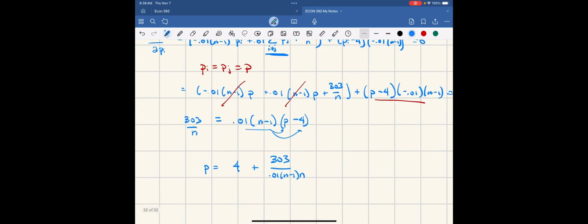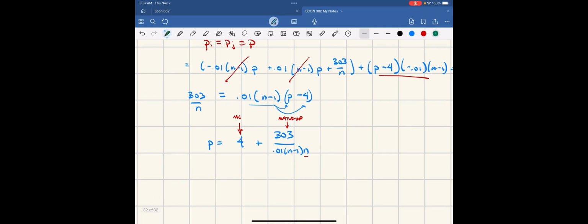So this is our optimal price. And notice that 4 is our marginal cost, and then this is our markup. This is the price above marginal cost that we're going to charge. And as n gets bigger, the markup will get smaller and will converge to 0.